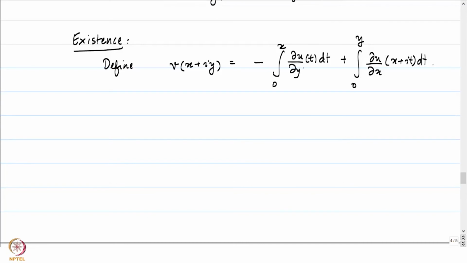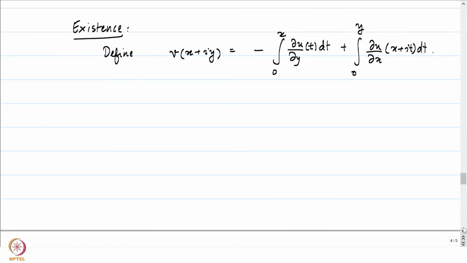Notice that this explicit expression on the right defines a real valued function on the entire complex plane. In fact, it is differentiable by the fundamental theorem of calculus. The partial derivatives exist. Let us now use the fundamental theorem of calculus again to check whether the Cauchy-Riemann equations are satisfied by the function v.